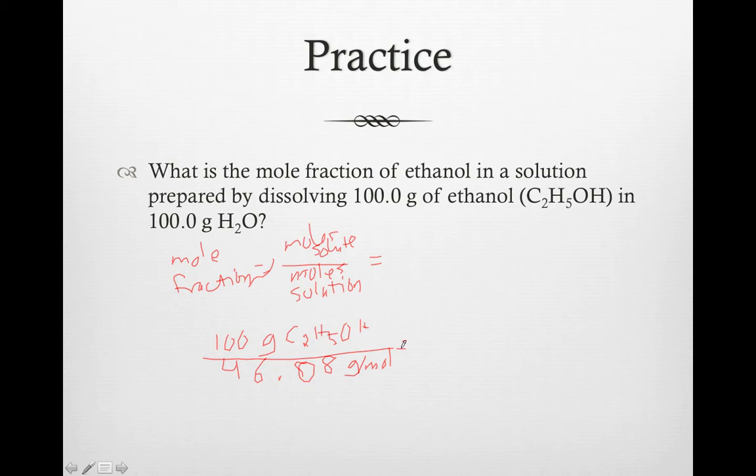And so if I take 100 divided by 46.08, I'm going to get 2.17 as my moles here.